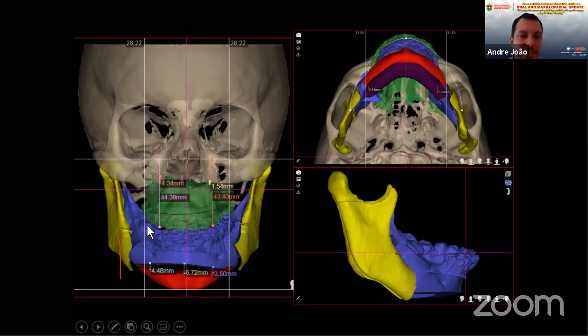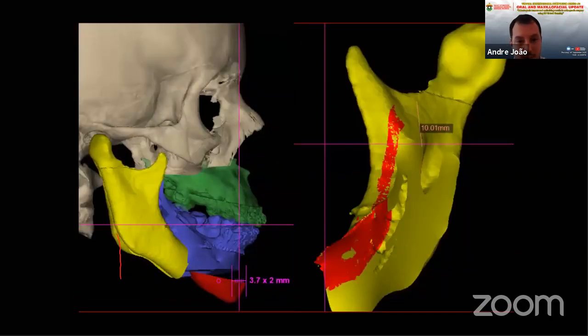I left all the right-hand side of the mandible without tooth contact. When you look at the planning, you can see a few millimeters apart. For me, it was a really difficult challenge. And I decided to keep on.